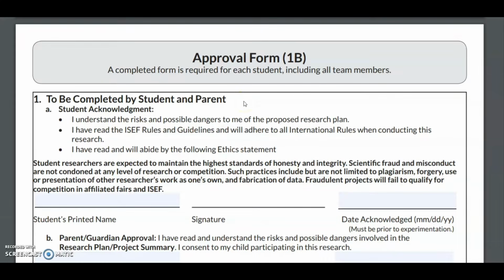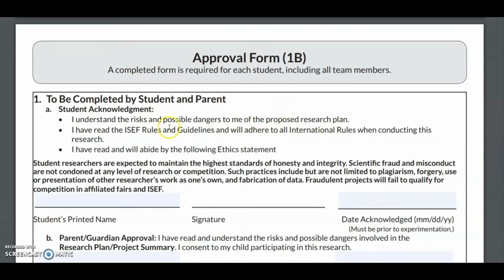Next, let us proceed with Form 1B, which is the approval form. A completed form is required for each student, including all team members. Research Form 1B is the approval form, and this form should be completed because it is required for each student, including all the team members.